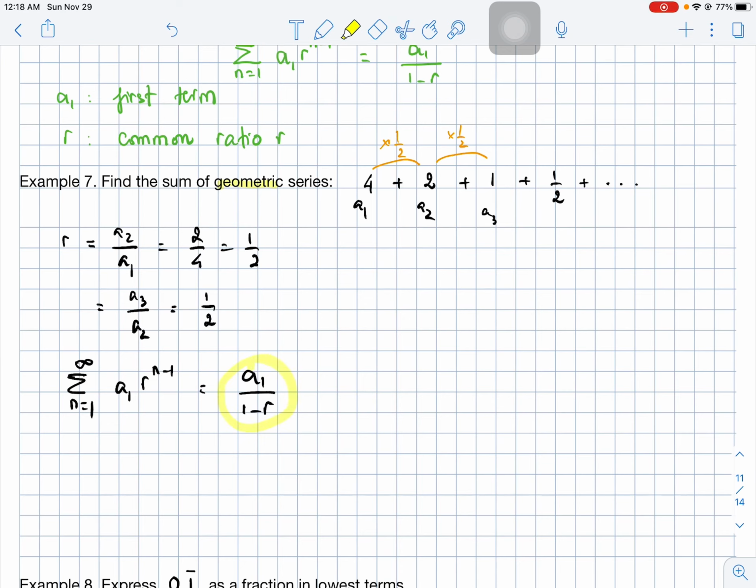You only need to pay attention to this part and just plug in the numbers, the yellow part. Now you plug in a1, the first term 4, and 1 minus 1/2 for r. So we get 4 divided by 0.5, and 4 divided by 0.5 is 8.